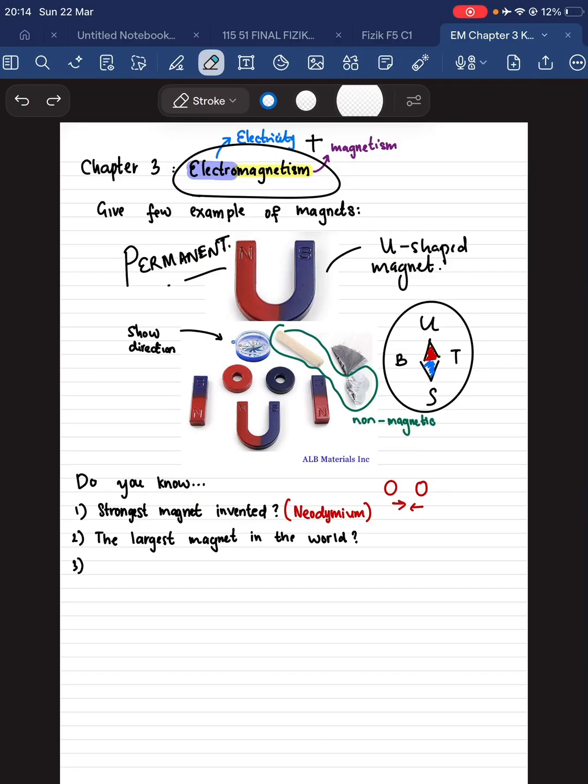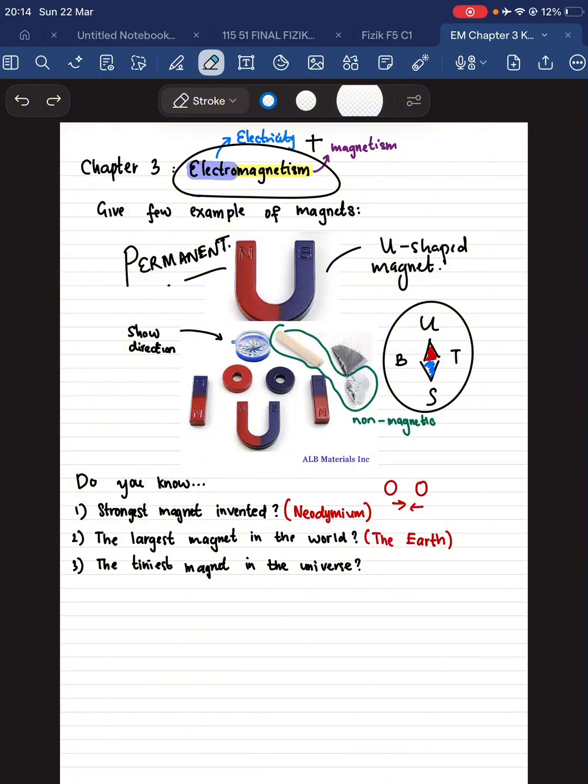And the second question is, do you know what is the largest magnet in the world? Yeah, I mean the largest one in the world. So our world itself is the largest magnet, believe it or not, right? The earth itself is the largest magnet. But how is it possible, right? How can the earth become a magnet? And what is the tiniest magnet in the universe?